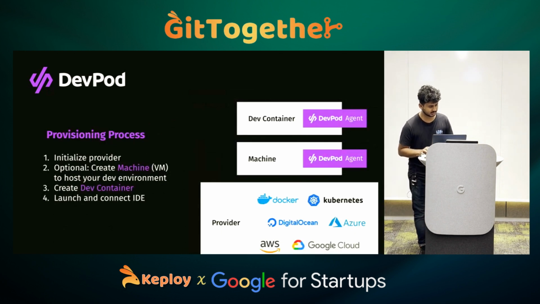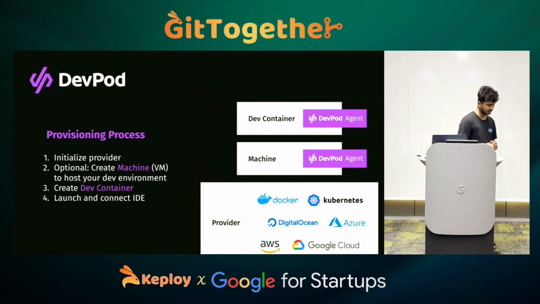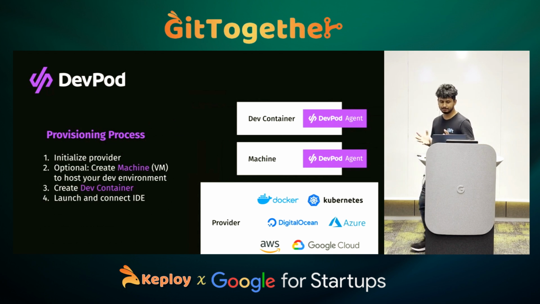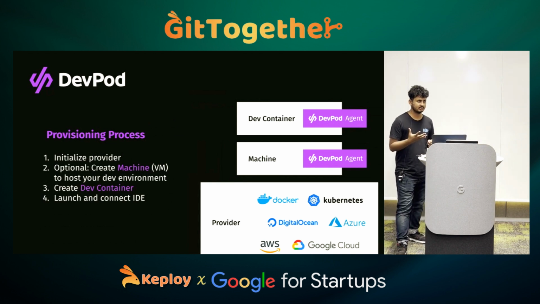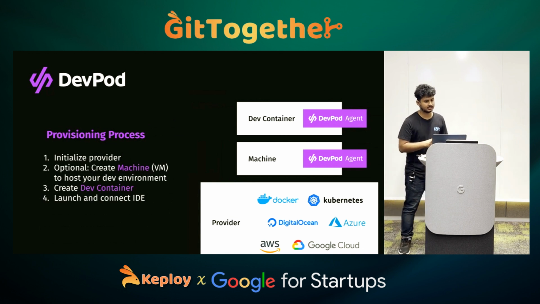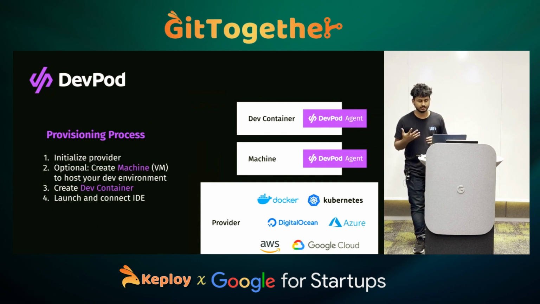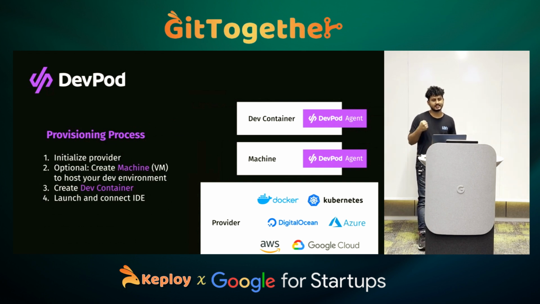Next is the provisioning process. How do you provision an environment? How do you provision a workspace? The steps are very simple. First, initialize your provider, like initialize your connection to the cloud. Second is create a VM, which happens automatically in the background, so you don't need to do anything there. Next is create a dev container.